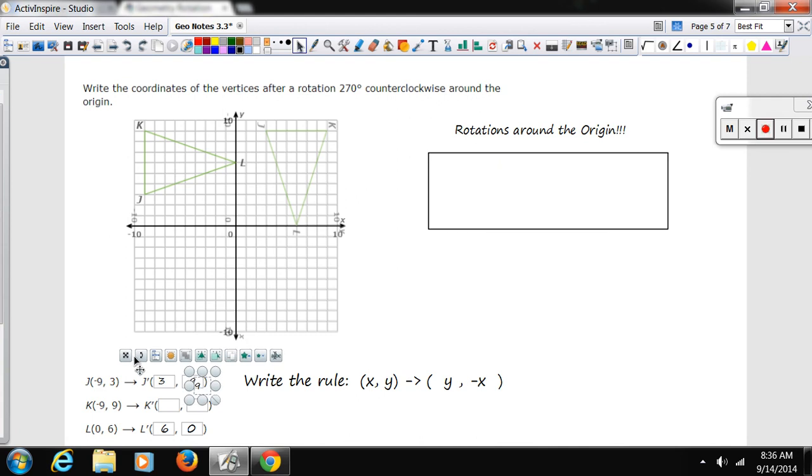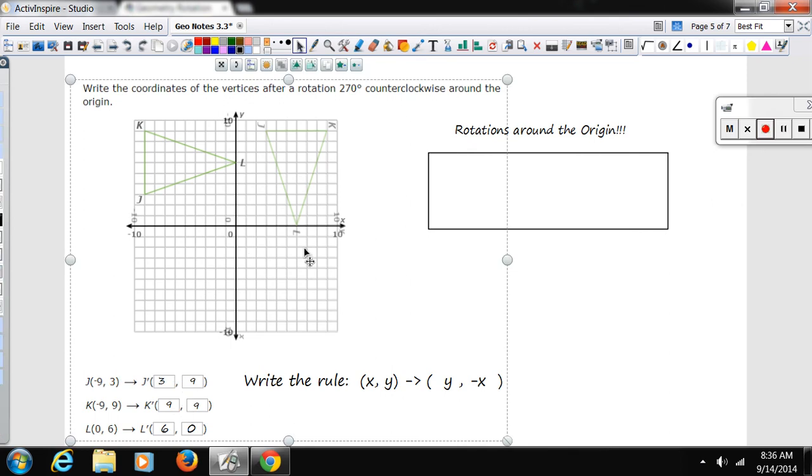Okay, so we get a 9. And we should have a 9 in the back, too. So 9, 9. Let's see, is K prime 9, 9? Let's check it. Please be 2, 6, 7, 8, 9. Bam, got it, K prime. Sweet. Okay, so those are correct. That is the correct rule.